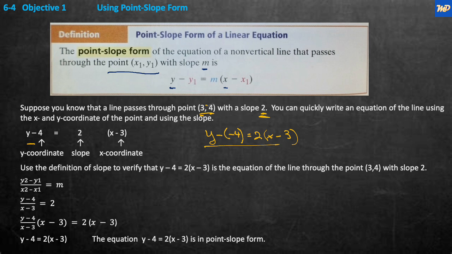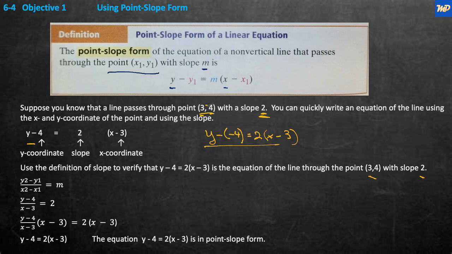So now that you have this equation, there is your equation. You can use the definition of slope to verify that y minus 4 is equal to 2 times the quantity x minus 3 is the equation of the line through the point 3 comma 4 with a slope of 2. So how do we do that?